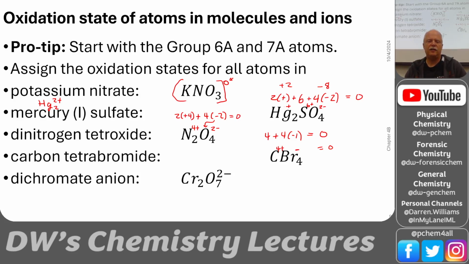All right, dichromate anion. This one's a little tricky because it doesn't add up to 0. It adds up to -2. So that 2- there on the dichromate is for the whole molecule, or it's a polyatomic anion is what it is. So I have 7 times a -2. That's for the oxygens. So that's a -14, and it's got to add up to -2.